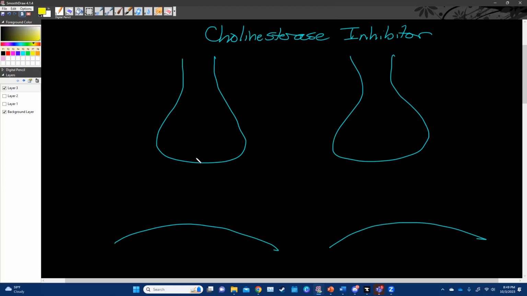So the first kind of neuron that takes acetylcholine and dumps it into the synapse is what kind of neuron? What kind of receptor would we expect here? The muscarinic receptors, right?